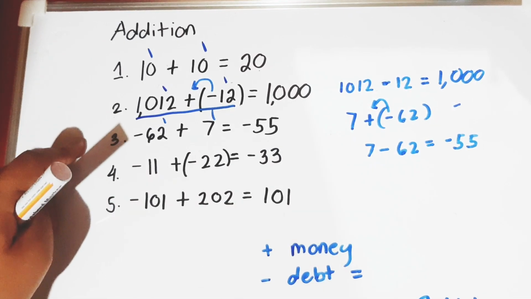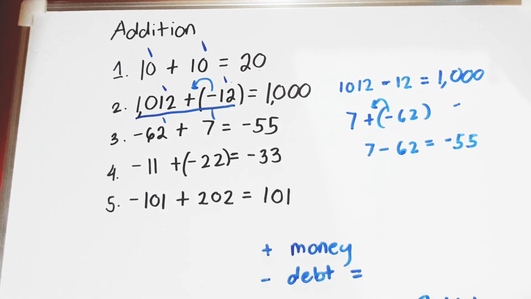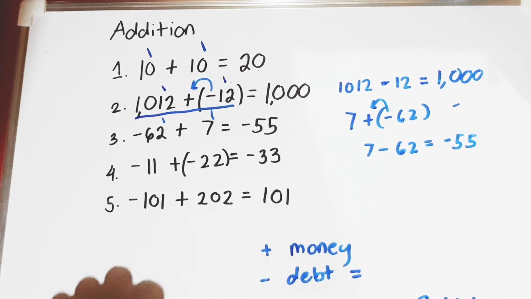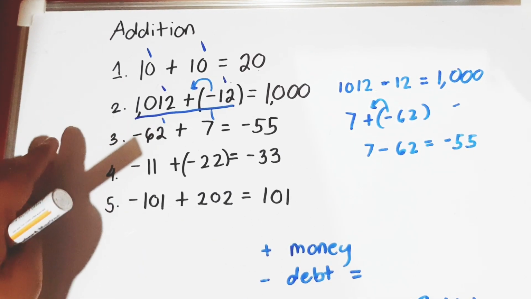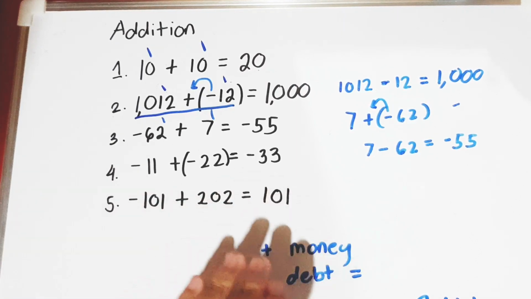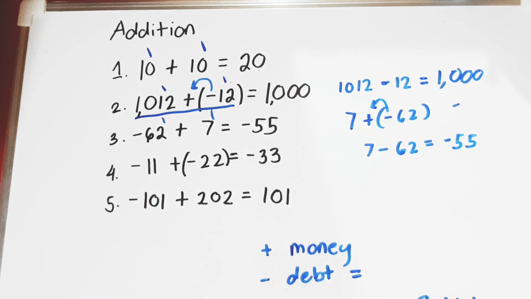And in number 3, your debt is negative 62 and your money is 7. If you add your money to your debt, or you pay your debt 7, your debt will only be negative 55 since you paid 7 of your debt. That's the example for case number 4.